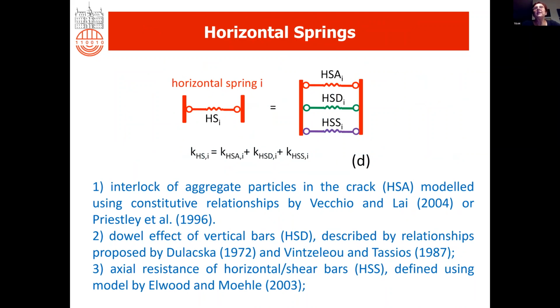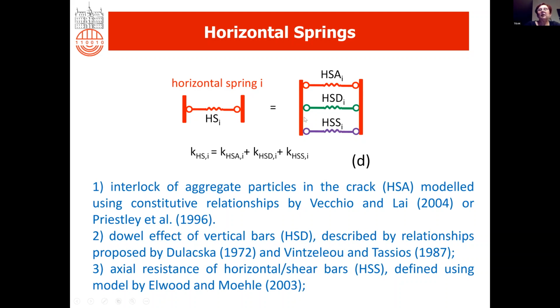So how can these horizontal springs be defined? There are some relationships which are reported in the literature, and here we have some references which can be used to define the properties of the interlock of aggregate. Of these two models, I recommend the Priestley model. It is, in my opinion, more appropriate.